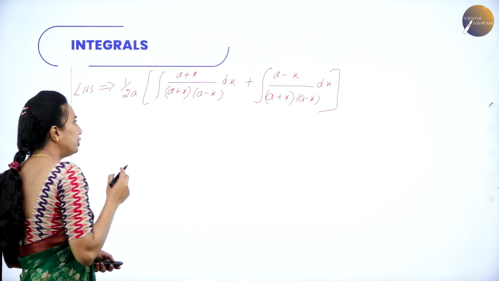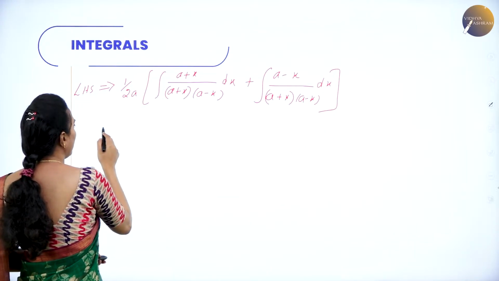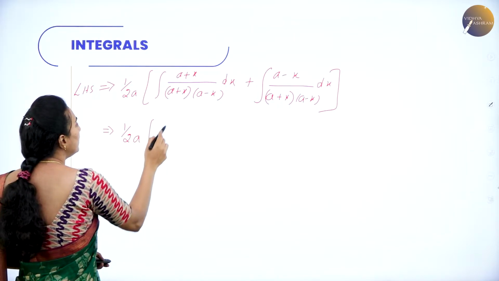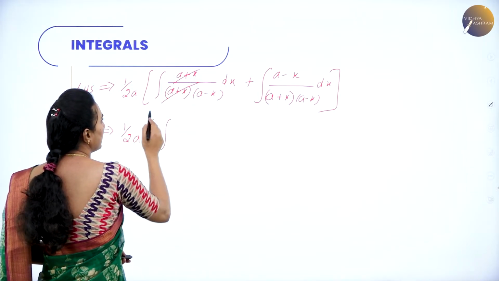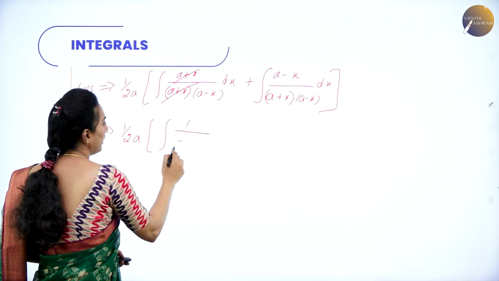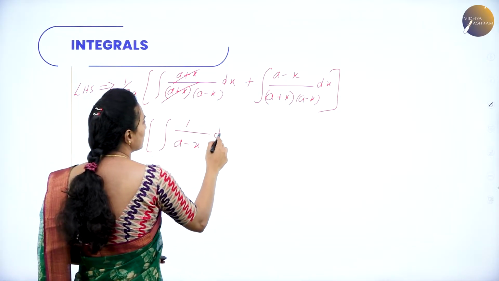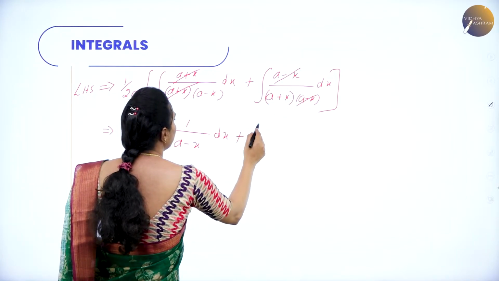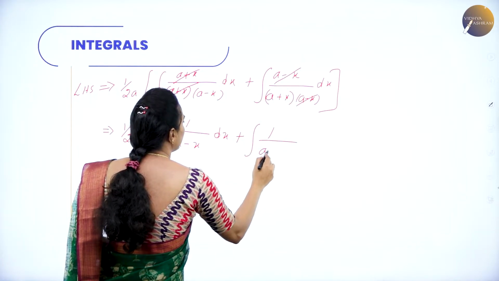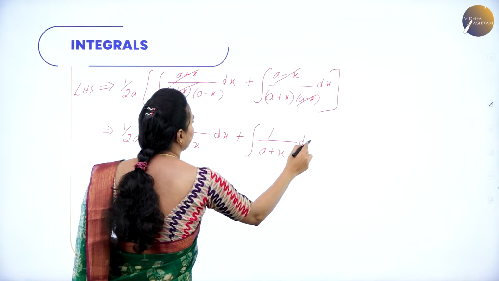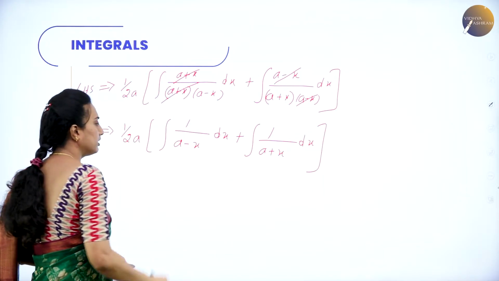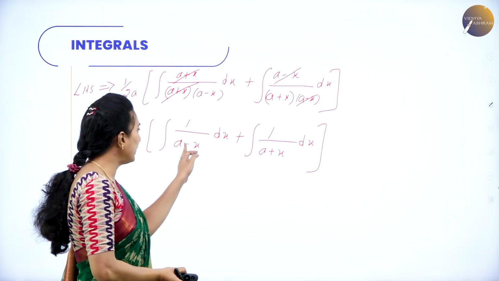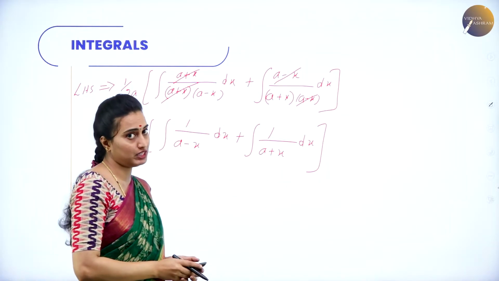Therefore, you can have a cancellation of a plus x here. So remaining is 1 divided by 2a into the integral of 1 divided by a minus x into dx, plus, where a minus x goes, the remaining 1 divided by a plus x into dx. Now integrating this, the coefficient of x is minus 1 here and plus 1 there.